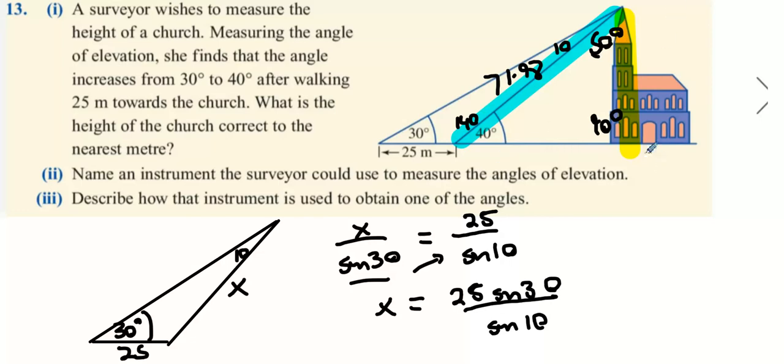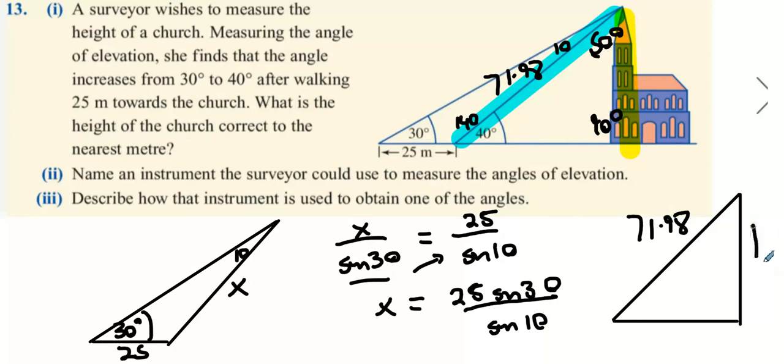Now we have information for the right angle triangle now, don't we? Okay. What are your options when you're using a right angle triangle? You can use SOHCAHTOA. Are we going to use SOHCAHTOA? We can use Pythagoras as well. Are we going to use Pythagoras' theorem for this question to find out the height of the yellow line? And I would say we can't use Pythagoras' theorem. Why?